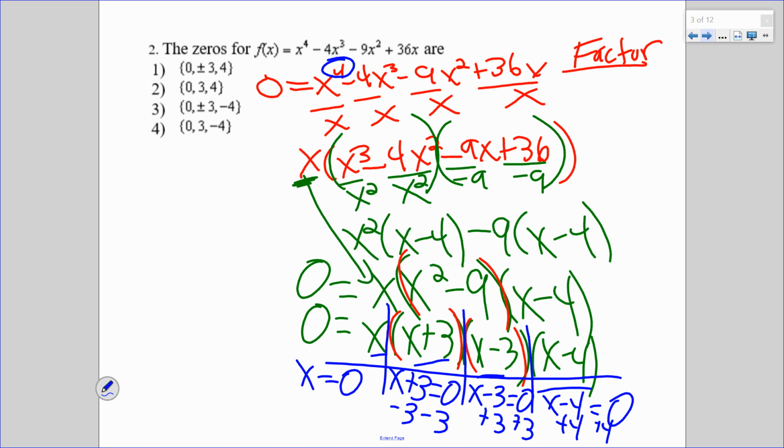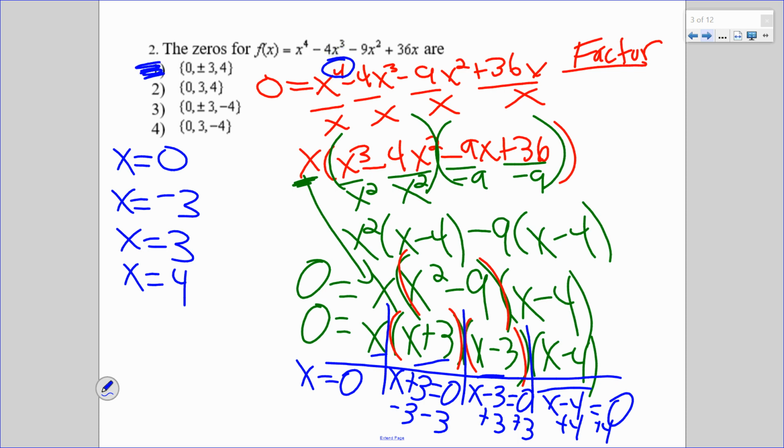I have x equals 0, x equals negative 3, x equals positive 3, x equals positive 4. Looks like my answer is choice number 1. Right off the bat, since it had a power of 4, I knew that it can't be choice 4 or choice 2 because there's only 3 answers in each. All right, let's move on to the next one.